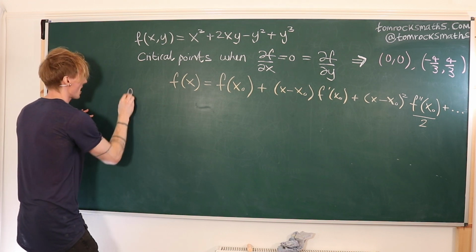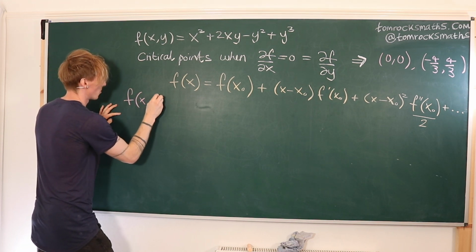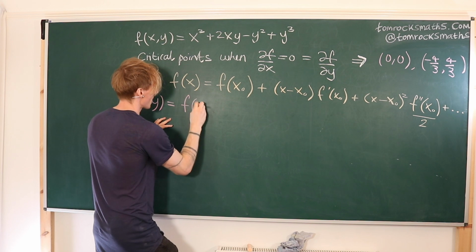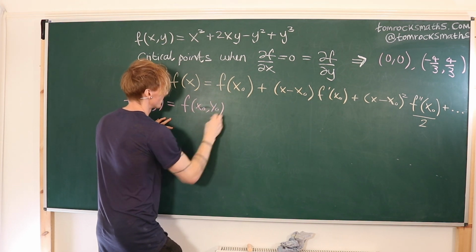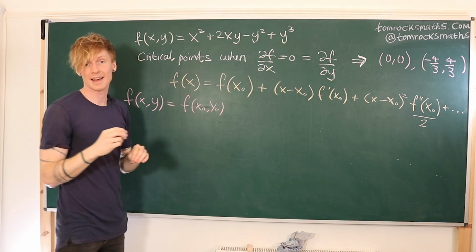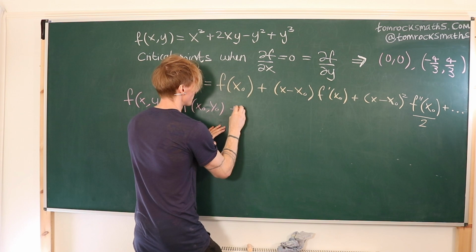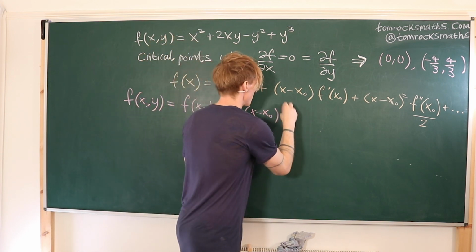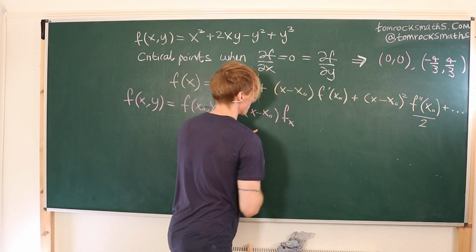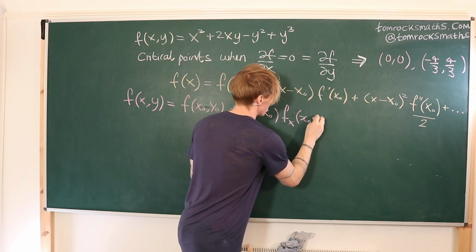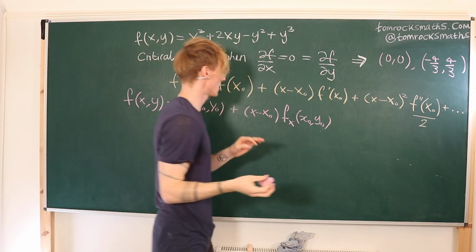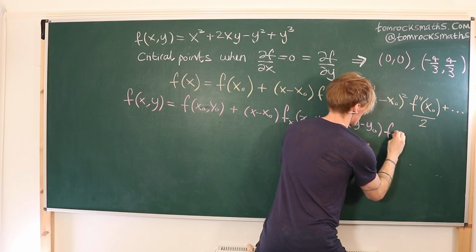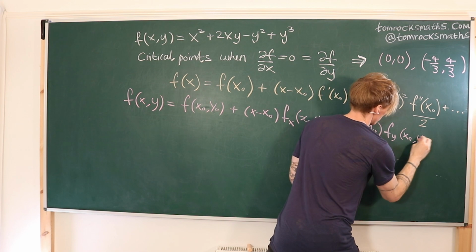So we have f(x,y) is equal to f(x0,y0). So this is our 0th order term, much like f(x0), plus (x minus x0) times df/dx, so fx evaluated at x0,y0, plus (y minus y0) times df/dy evaluated at x0,y0.